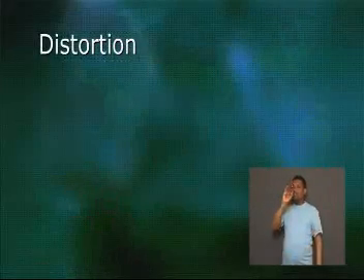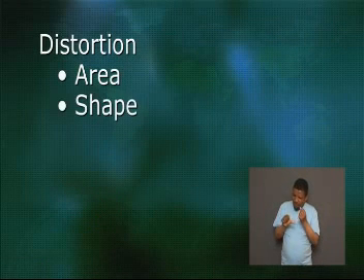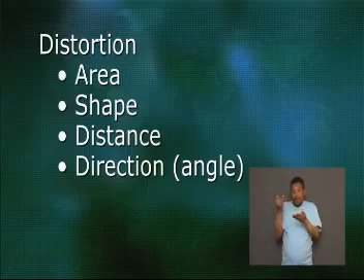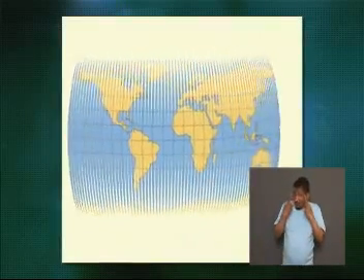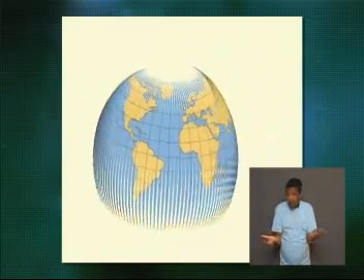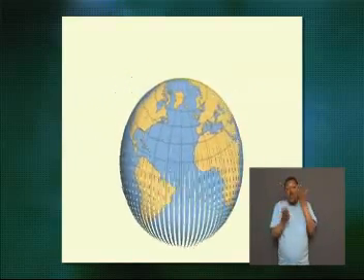As a result, all varieties of map projection include some form of distortion in the graphics. Distortion can affect the area, shape, distance, and direction or angle proportions of a map. If you try to maintain the accuracy of one of these features, some or all of the other features will become distorted.